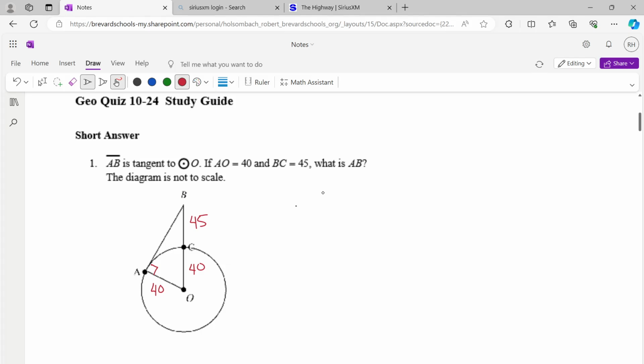So we're going to set up the Pythagorean theorem. AB squared plus 40 squared equals 85 squared. So subtract 40 squared from each side.